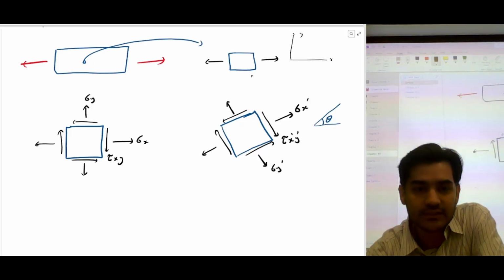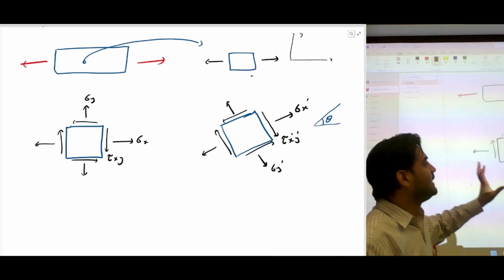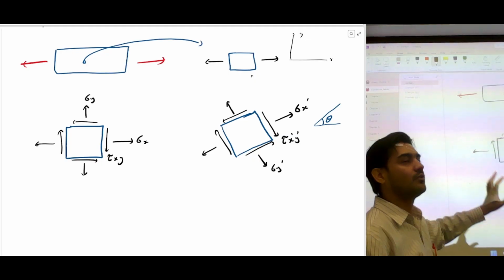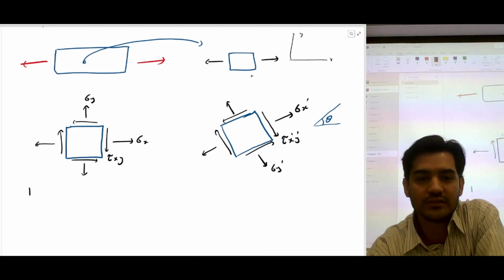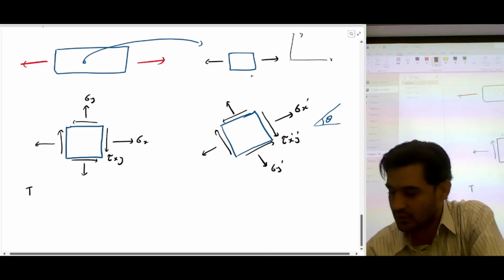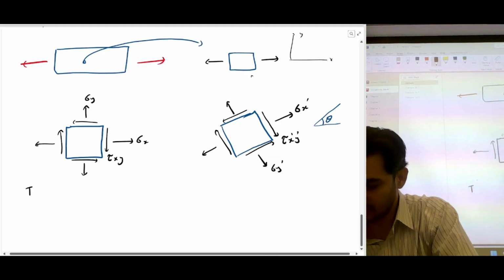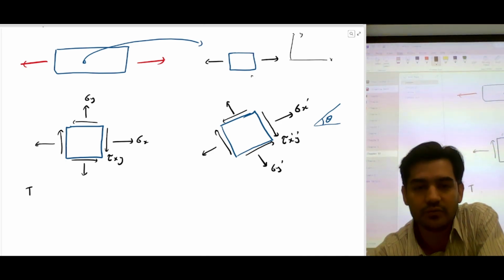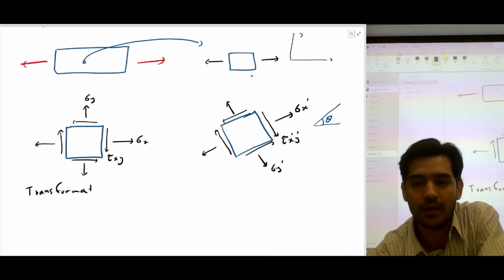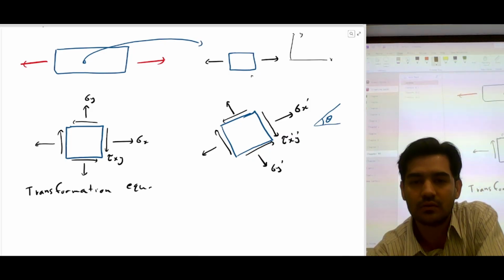So in a stress element, it's easier to do because we already have equations for this stress element. These equations are called transformation equations. I'm going to write down the transformation equations for you.